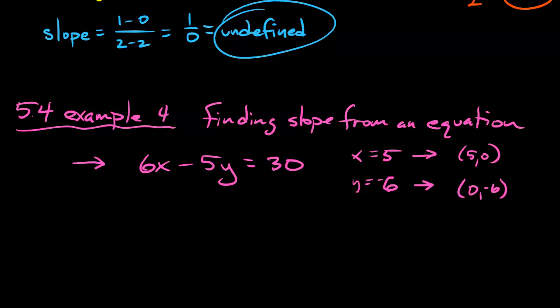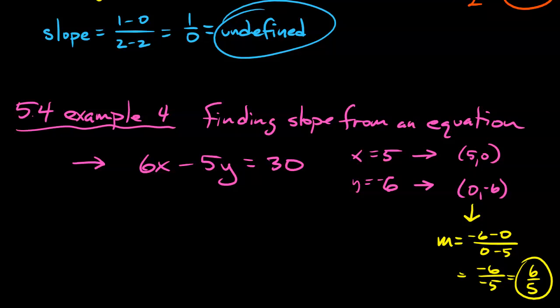And from this, you can find the slope between these 2 points. So -6 minus 0 over 0 minus 5, which would be -6 over -5, which is 6/5.